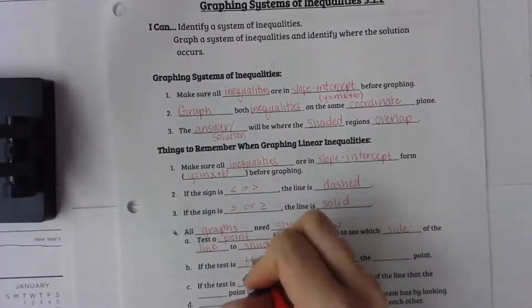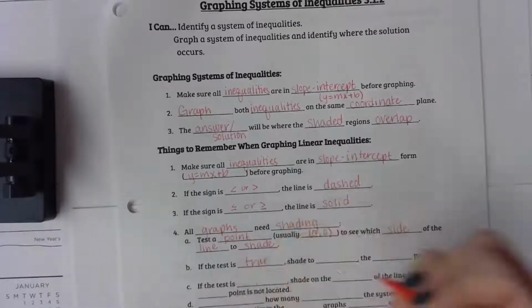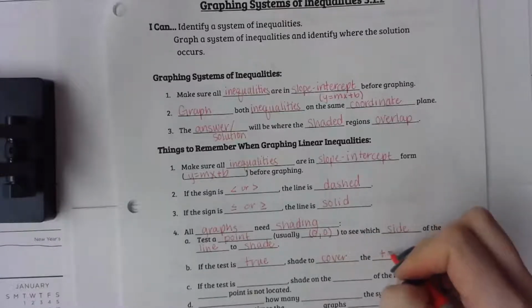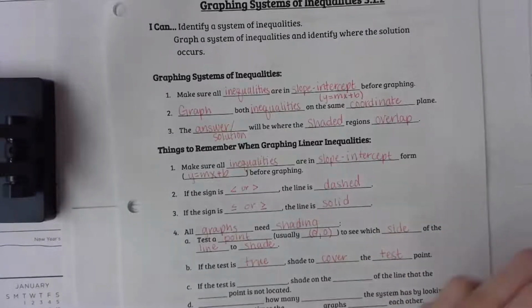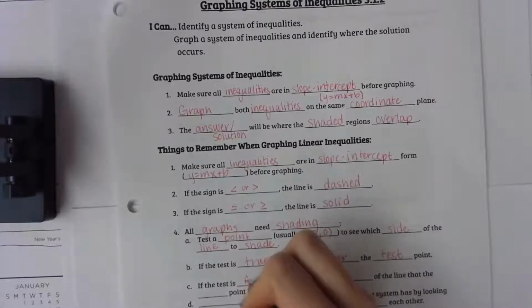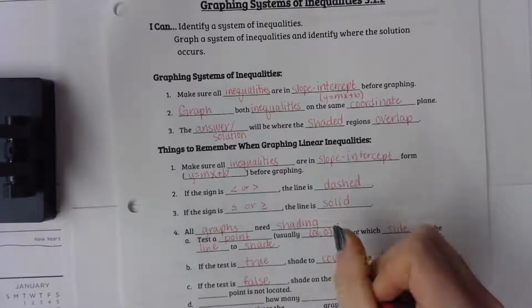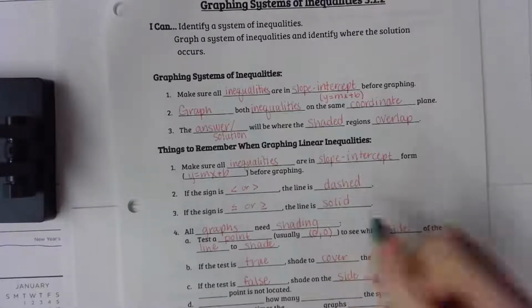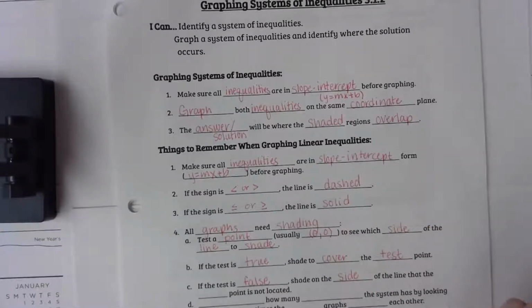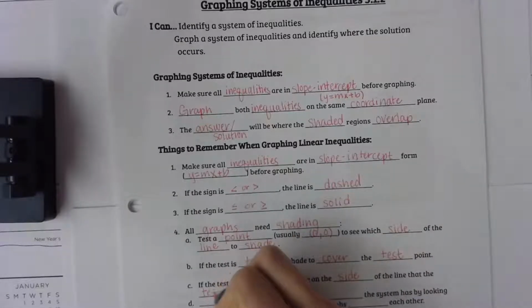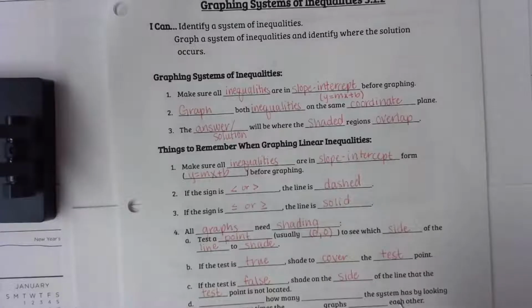So if your test is true, you're going to shade to cover your test point. If the test is false, shade on the side of the line that the test point is not located.